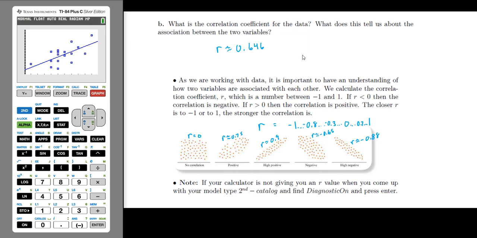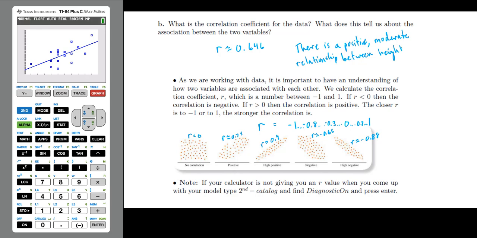So what we would say about this is that there is a positive, because there's a definite positive slope, but I would say it's not a super strong relationship in that the data isn't too tightly held together. So there's a positive, we'll call it moderate relationship between height and weight.